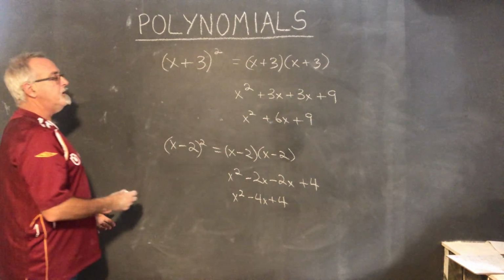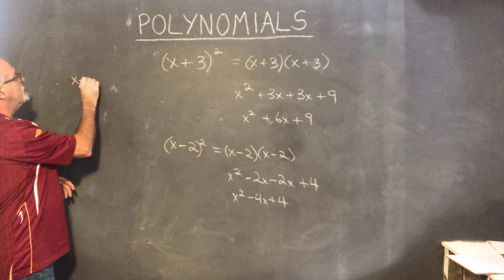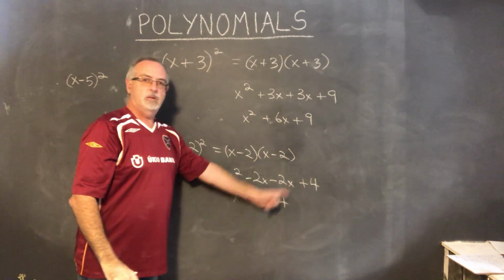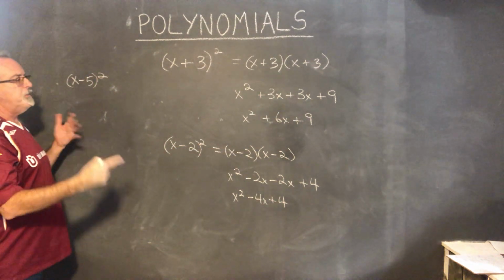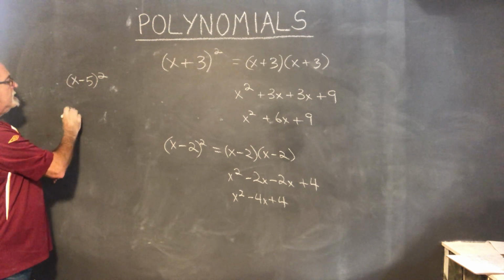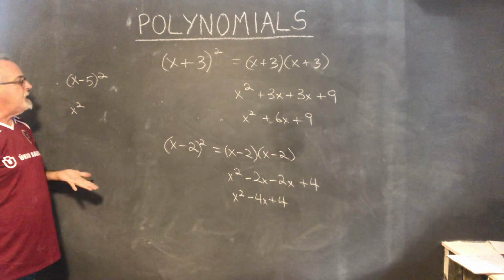So the shortcut, one of the other ways of doing it, is how about I do x minus 5 squared as an example. Understanding what happens, I can jump ahead and figure out the answer. I'm going to get x squared, since x is multiplied by x.